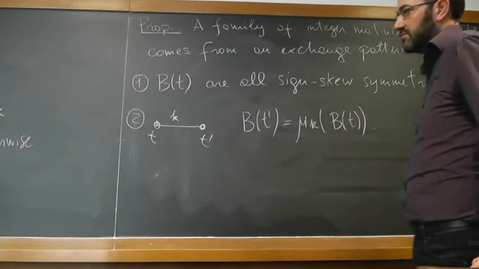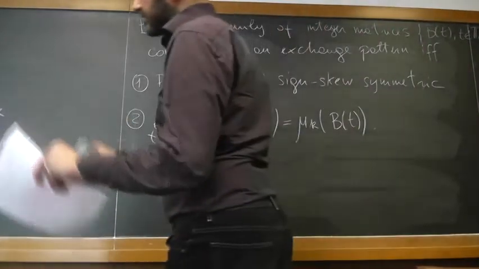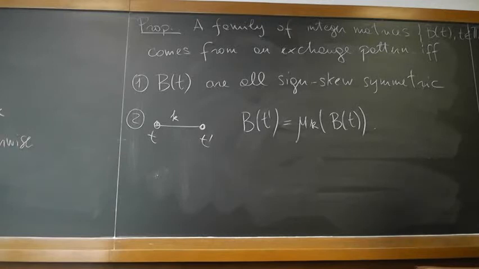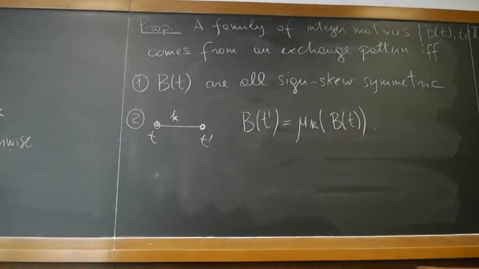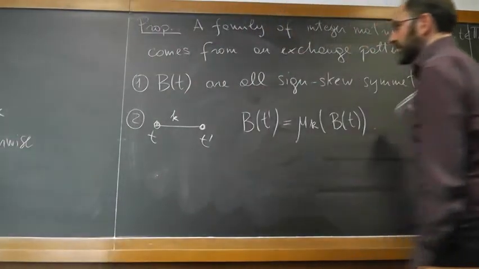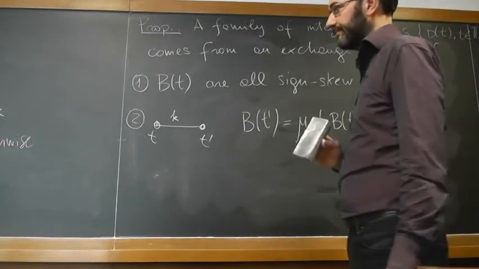They're actually the same, because all the axioms are encoded in properties of these matrices and vice versa. So it's not a deep result. Both ways are an exercise, and I can do only one, but if you want, we can do both. Do the one that I don't know how to do: constructing the exchange pattern. Suppose 1 and 2 are true, then there is an exchange pattern that does it.